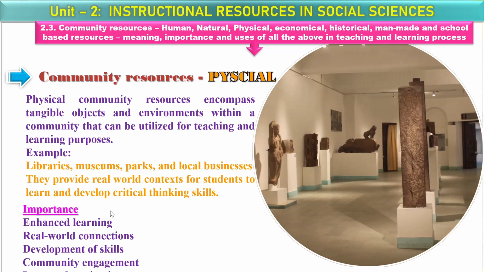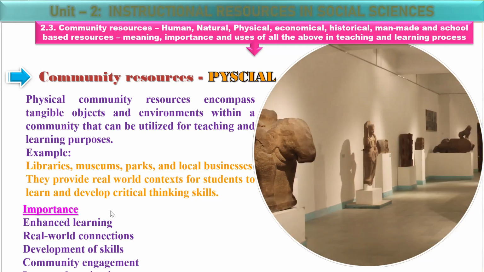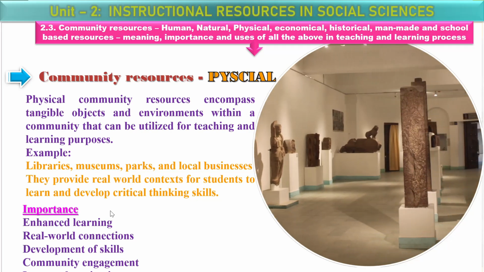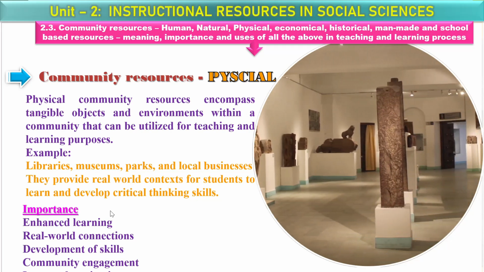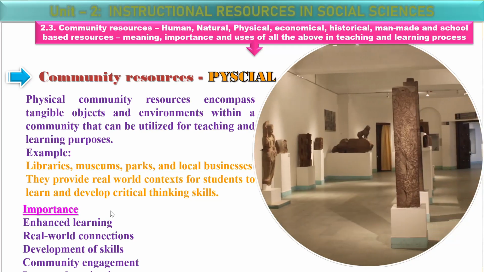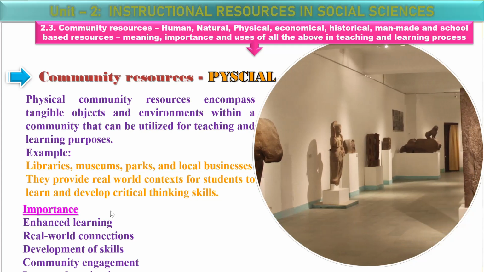For example, libraries, museums, parks, and local businesses. They provide real-world context. You might have taken the students on industrial visits. They encourage critical thinking skills and enhance our learning beyond the textbook.